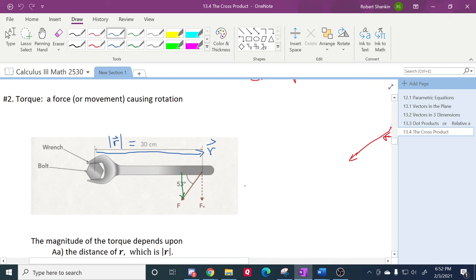Okay, because this bolt doesn't look like it's coming out of the screen towards the viewer. It looks like it's going behind the screen. Here is R, and the F is here.